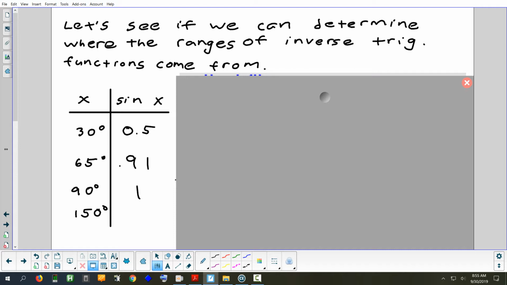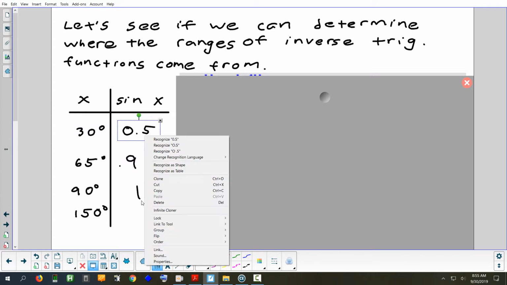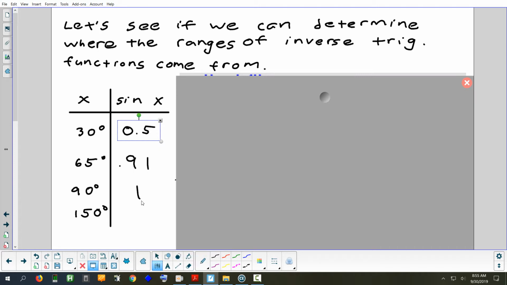If you take the sine of 30, you get 0.5. What if you take the inverse sine of 0.5? It would give you back 30. When we took the sine of 65, we got 0.91. If you took the inverse sine of 0.91, it would give you back 65. So inverse sine just brings you back to the number you started with.